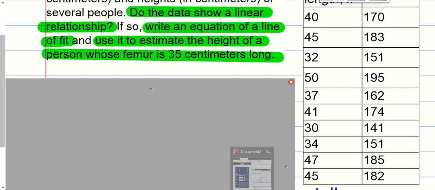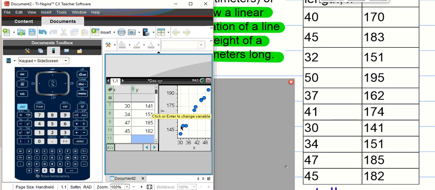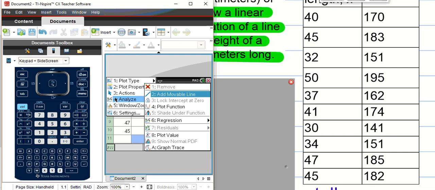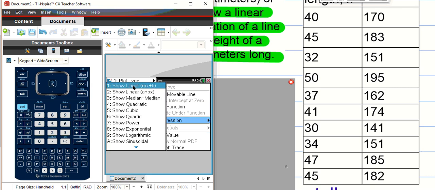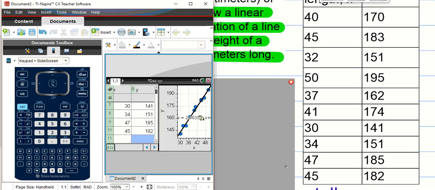All right, so then write an equation of the line of fit. I kind of showed you that already, but just to make sure, we go back here and get that, again, we're going to go to menu, 4, 6, 1. And we're going to move that so we can see all of it. We have y equals 2.6x plus 64.9968.